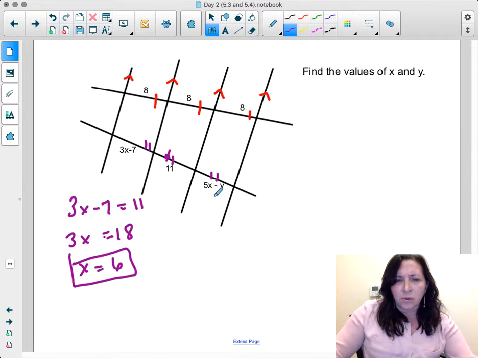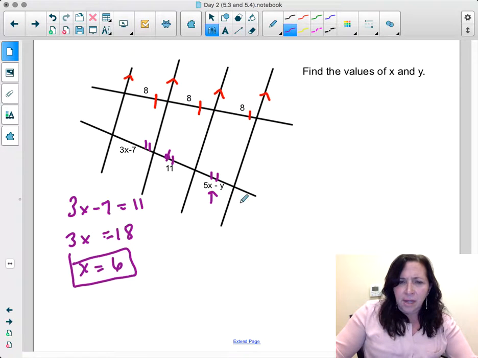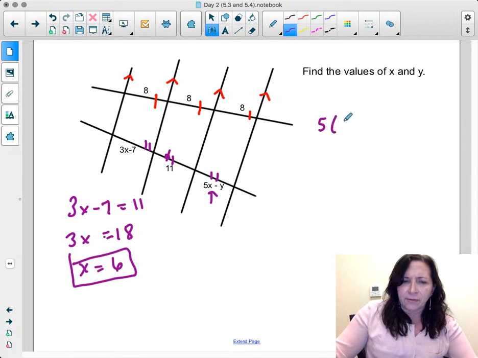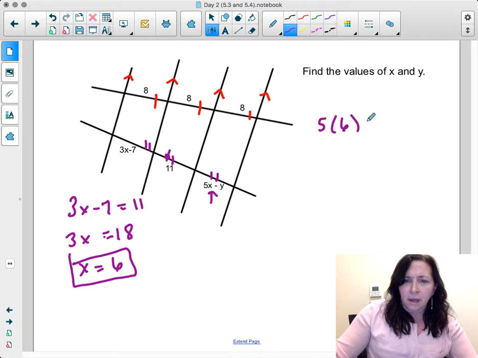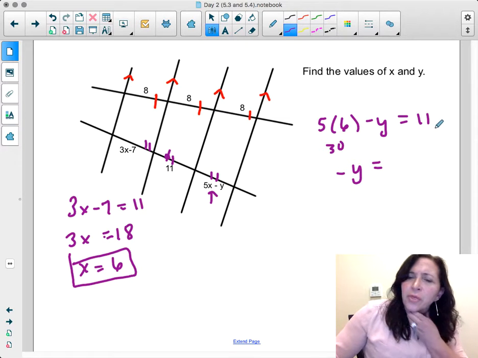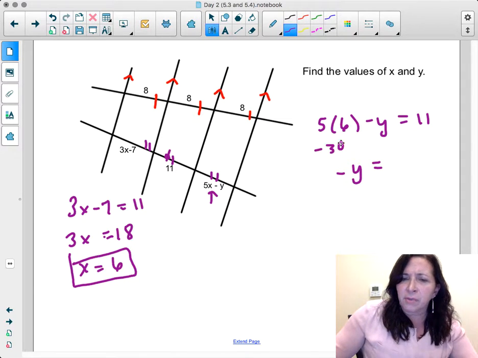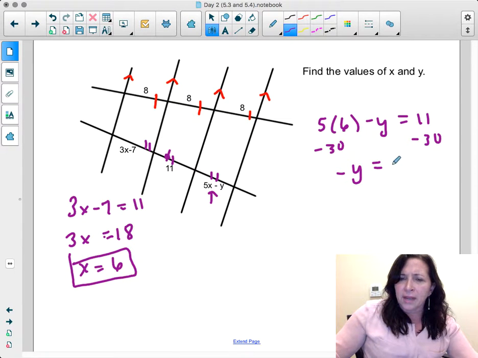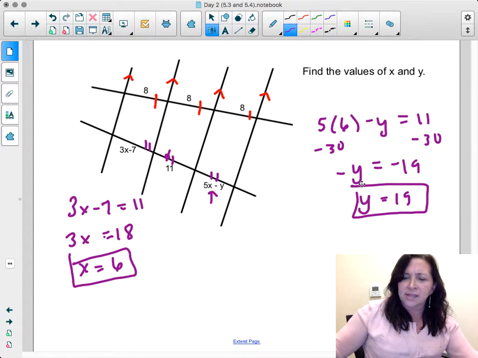If x is equal to 6, that's right here. And so you have 5 times 6 minus y is equal to 11. So we know this is 30. So we're going to subtract 30 from both sides. So we have negative y is equal to negative 19. So y is equal to 19. So now I have x and y.